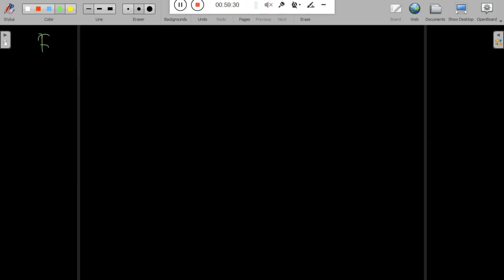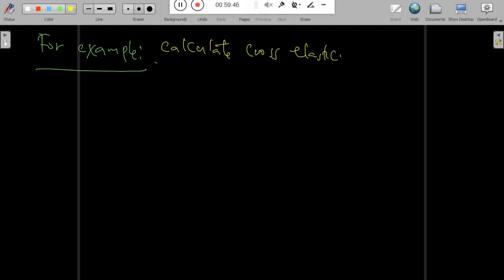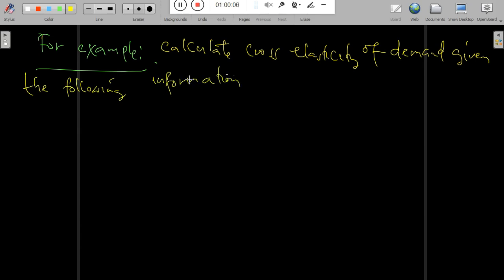Let's assume, from this example, we are required to calculate the cross elasticity of demand given the following information.